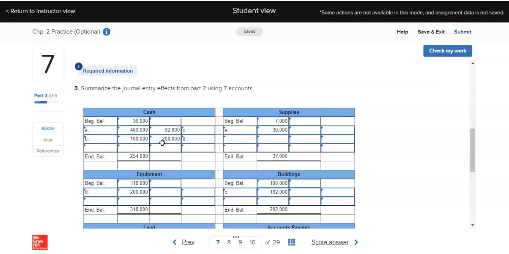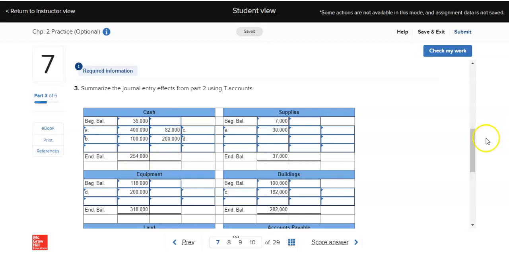As an example, using our cash account, our debits equal 536,000, our credits equal 282,000. 536 minus 282 equals 254,000, and because we have more debits than credits, there's a debit balance.